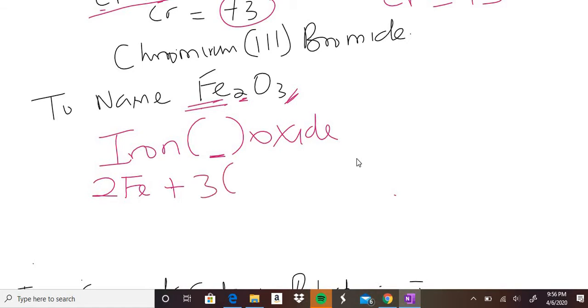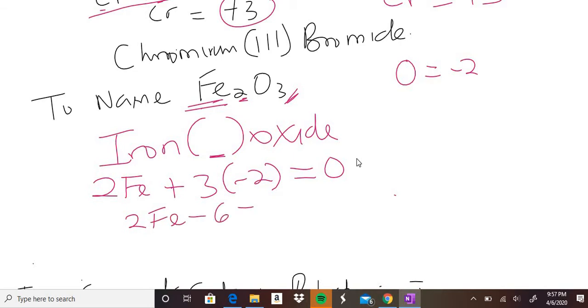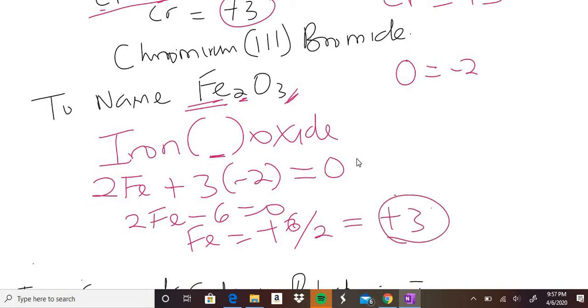And oxygen is in group 6, so the charge on oxygen is -2. We put -2 here, equals 0. Then we have 2 Fe minus 6 equals 0. Fe is going to be plus 6 over 2, which gives us positive 3. So we place this in Roman numeral, which is III. So the name of our compound is iron(III) oxide.